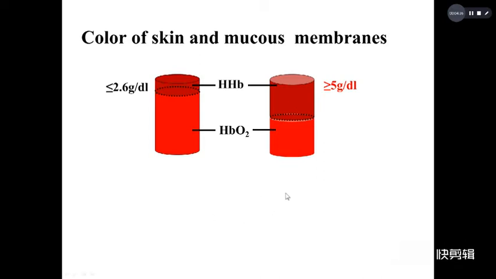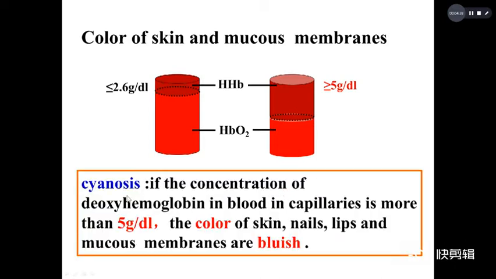It's called cyanosis. If the concentration of deoxyhemoglobin in the blood in capillaries is more than 5 grams in 100 milliliters of blood, the color of skin, nails, lips, and mucous membrane are bluish. Now the definition you might remember: cyanosis.